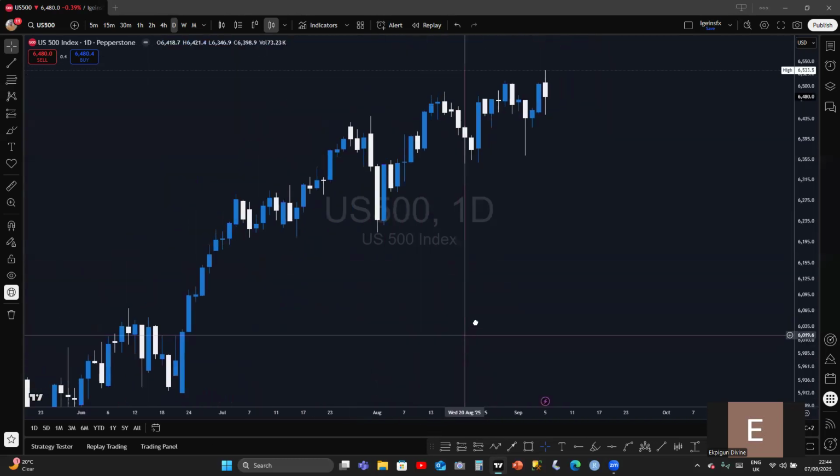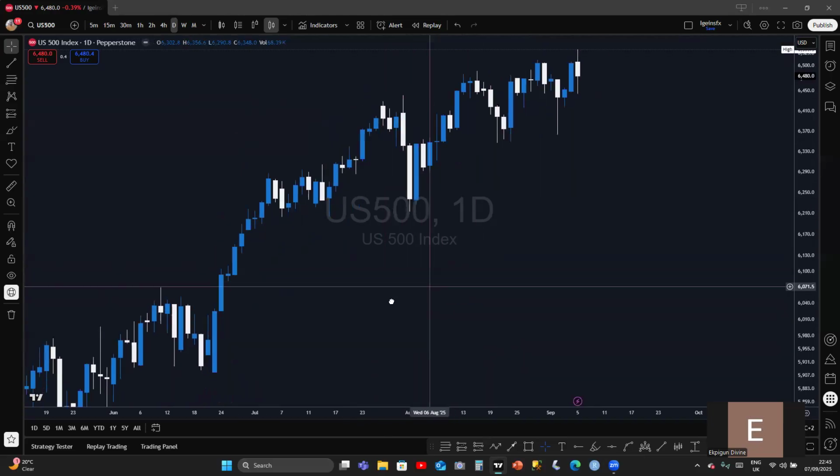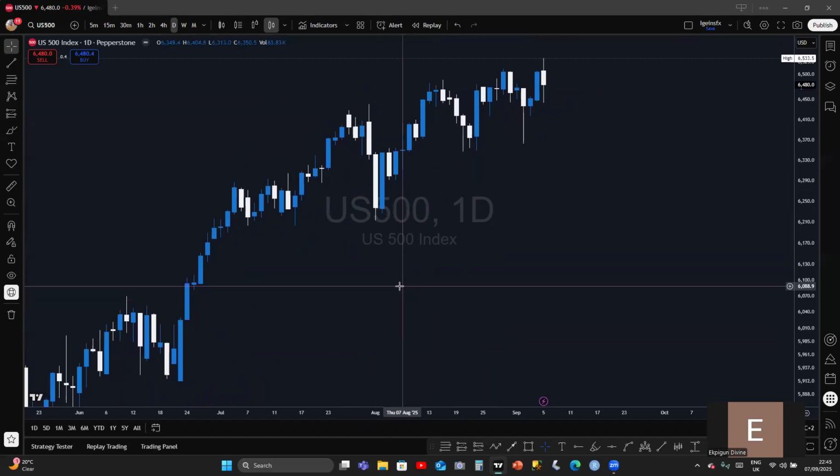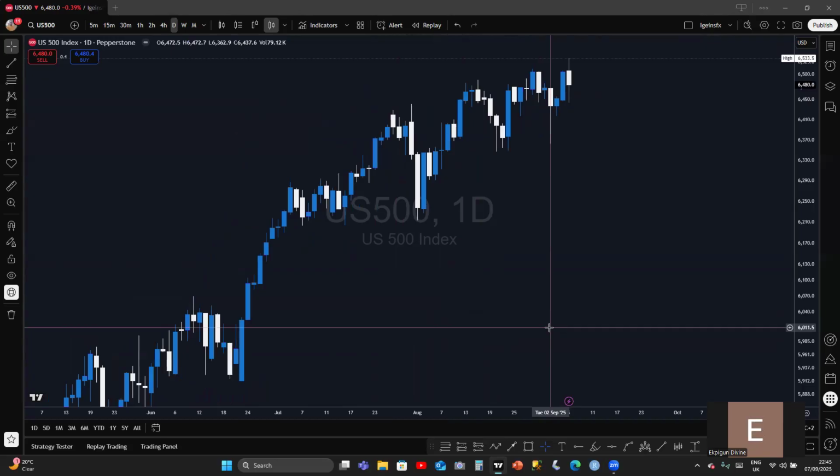So now what is the characteristics of a bearish and a bullish trend? A bullish trend consists of higher highs and higher lows, while the bearish trend consists of lower highs and lower lows.